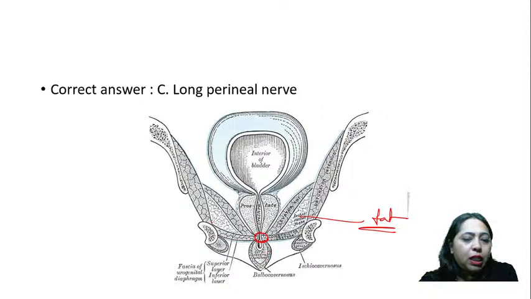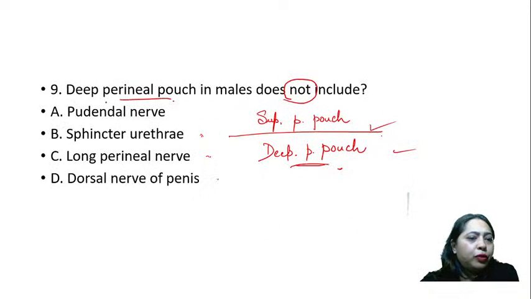Then you can see corpus cavernosus, bulbocavernosus, ischiocavernosus, all these muscles. This is the urogenital diaphragm which is separating it. And you can see the opening of the sphincter urethrae as well, right? So the pudendal nerve, obviously it is there because it supplies the external genitalia.